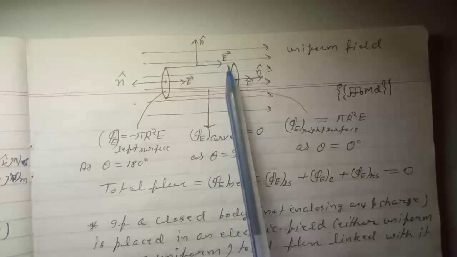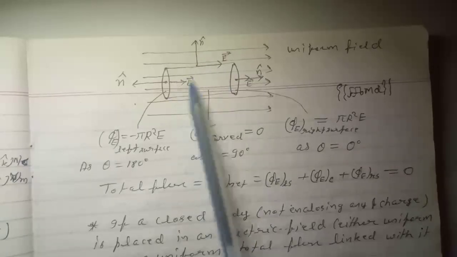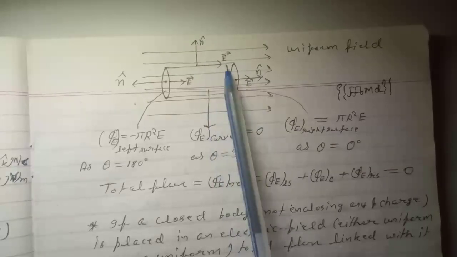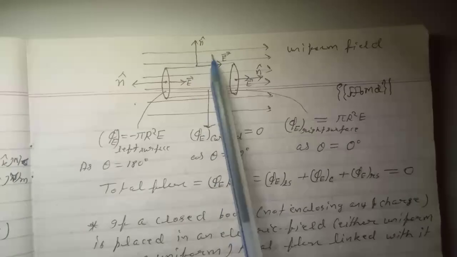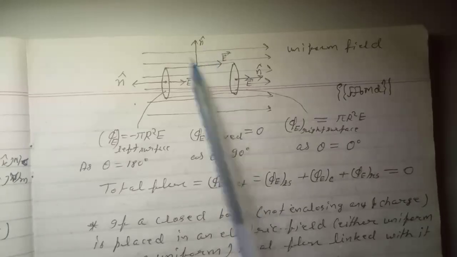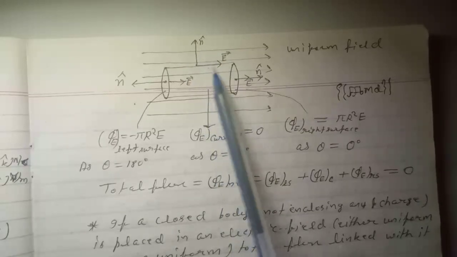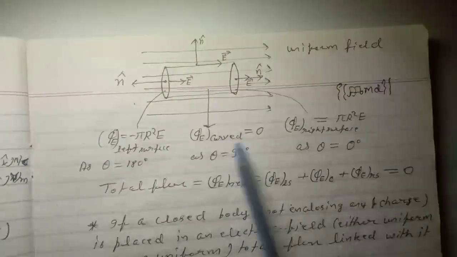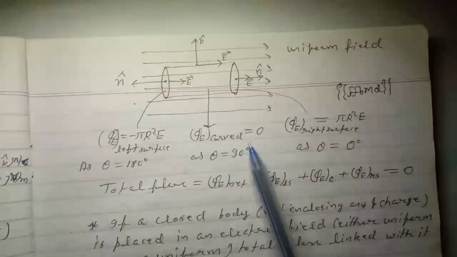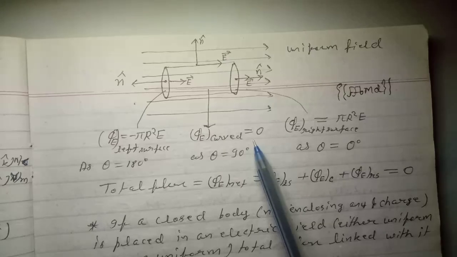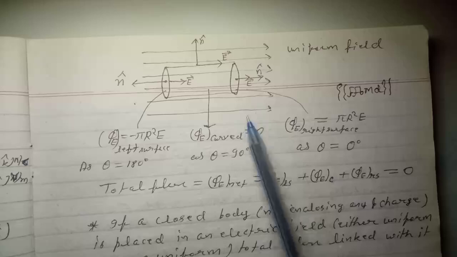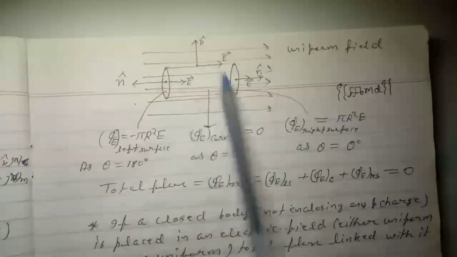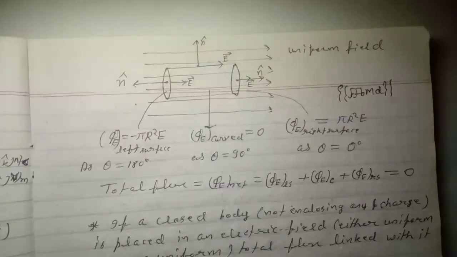Now for the curved surface, at every point on the curved surface the electric field is parallel to the surface and the area vector is perpendicular to the surface. So here theta is 90 degrees, so the flux of the curved surface will be 0, because theta equals 90 degrees. This is the case for a hollow cylinder placed in the electric field.